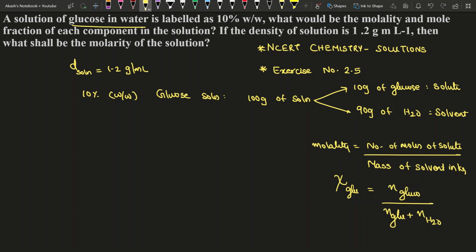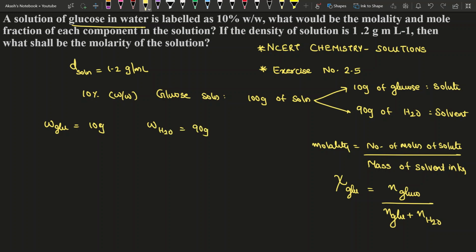We have the weight of the glucose given. The weight of the glucose is equal to 10 grams. The weight of water in the system is equal to 90 grams.